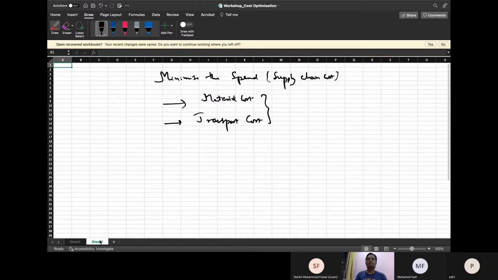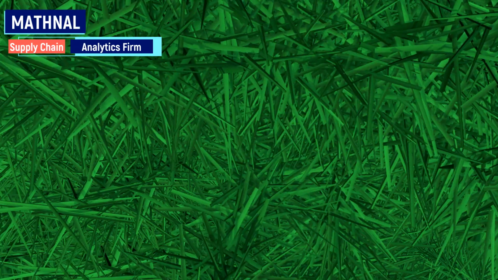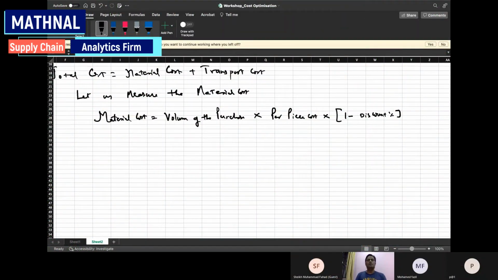So I'll say my total cost is equal to material cost plus transport cost. This is the material cost.